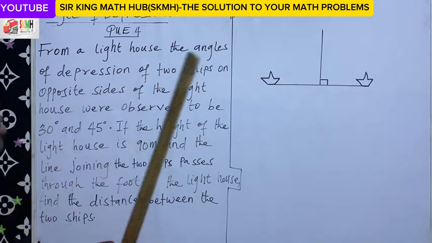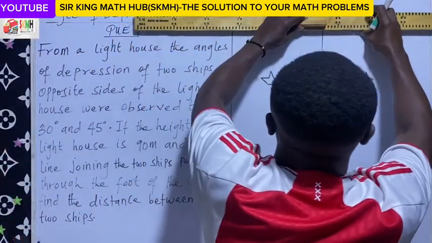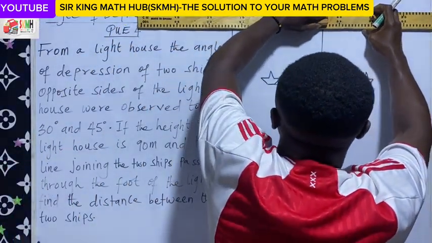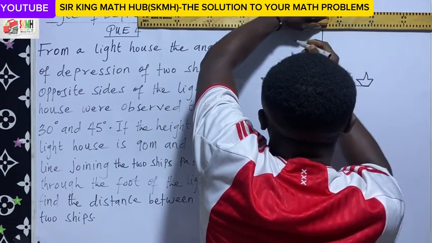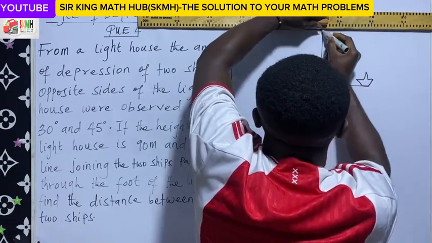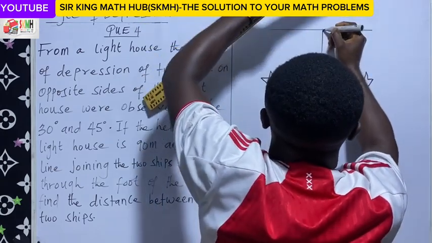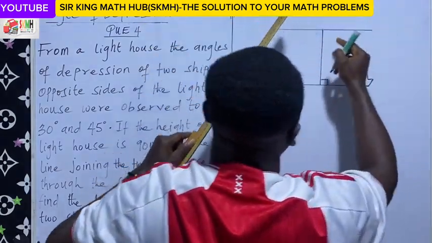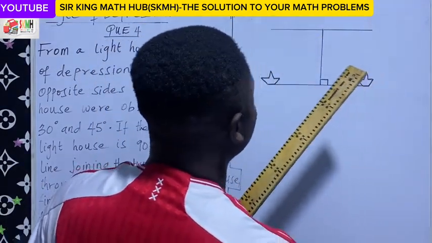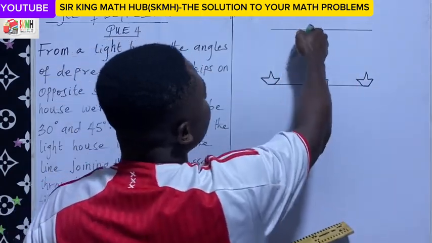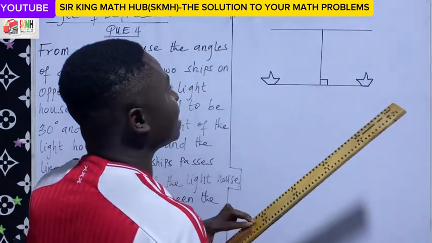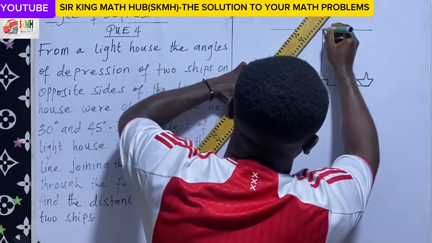So let's do that. So if you remember at the introductory part, we said that before we measure the angle of depression, there must be a horizontal line of sight. So this is our horizontal line of sight, and then the angle below the horizontal line of sight becomes the angle of depression.